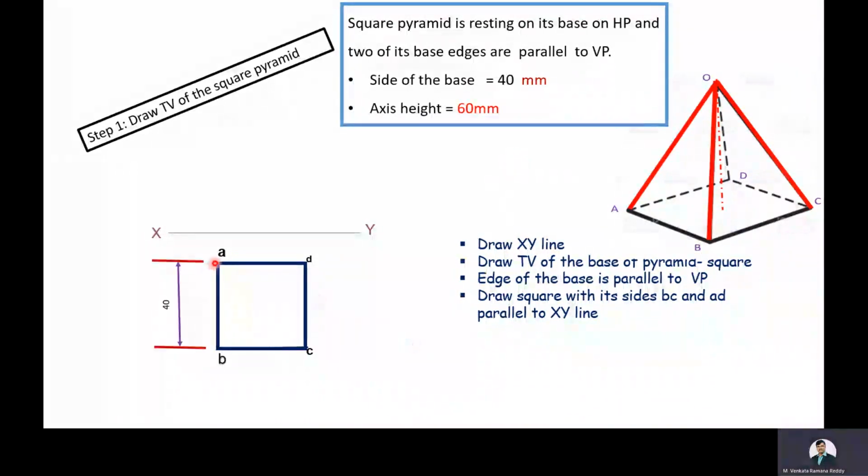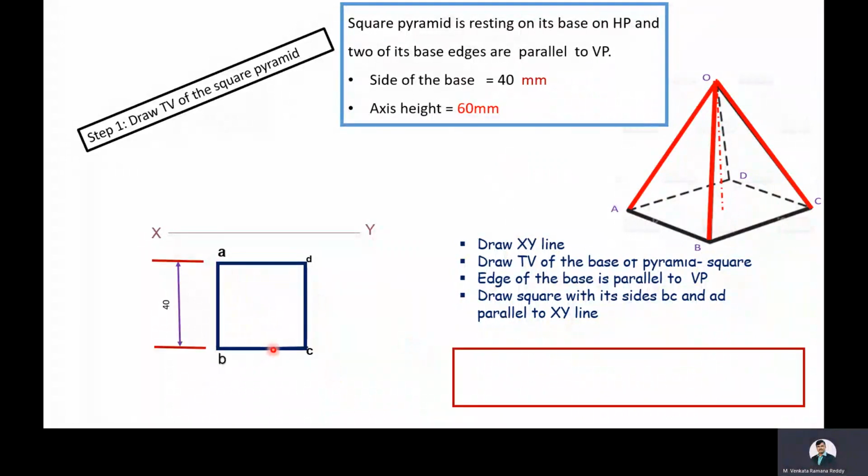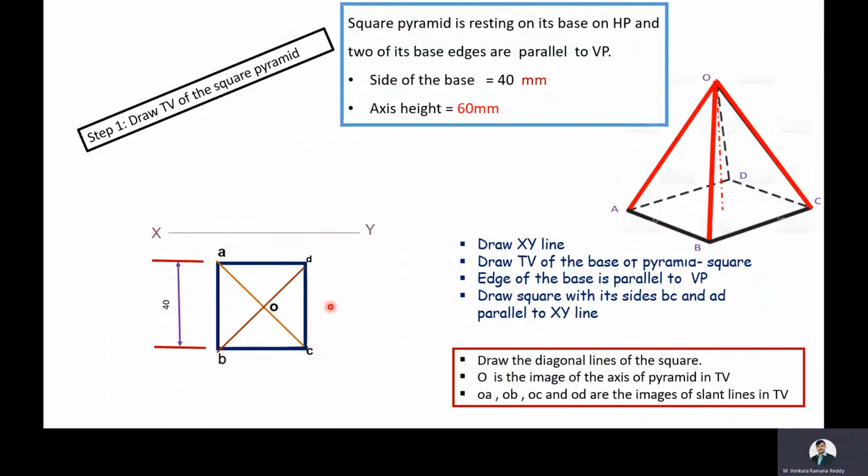Draw diagonals, say AC, BD, both intersecting at a point called O. O is the image of the apex in top view, and also it is the image of the axis in top view. Here OA, OB, OC, OD are images of the slant lines of a square pyramid in top view. With this we completed drawing the top view of a square pyramid.